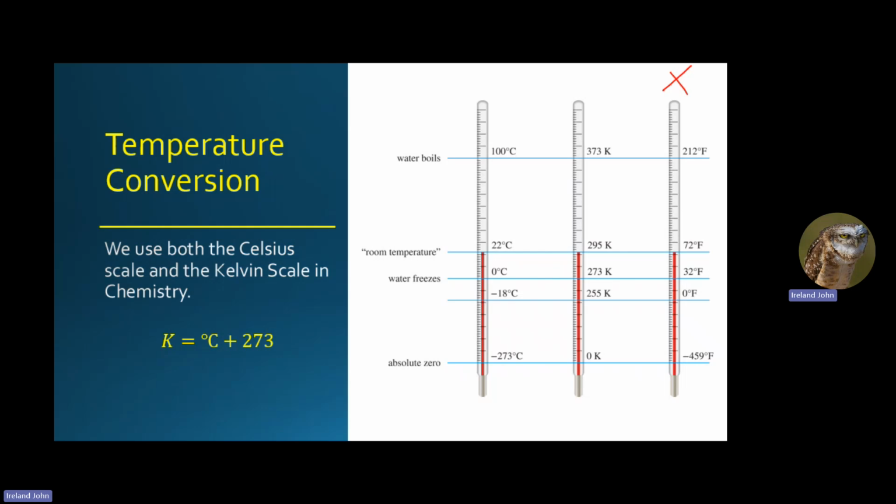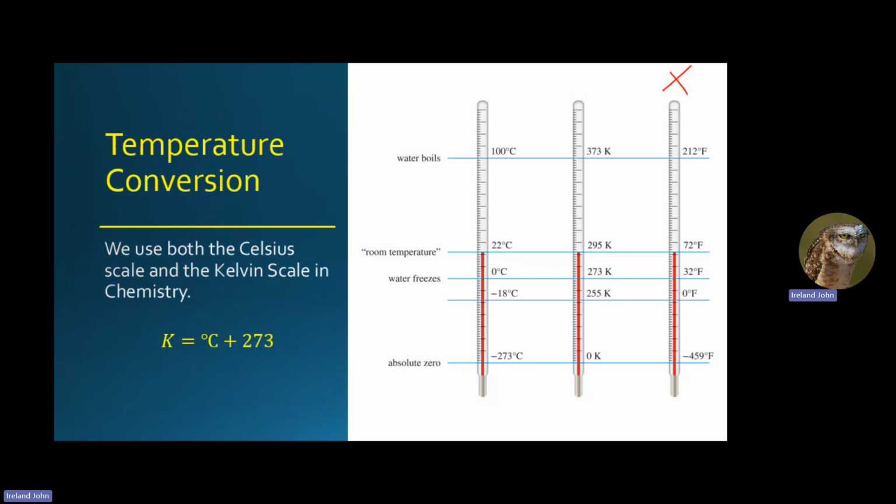But then the rungs stay the same, which means the conversion between Celsius and Kelvin is very straightforward. You just need to know the difference in rungs between 0 degrees Celsius and 0 Kelvin. And that difference is 273, right? Technically, it's 273.15, but we're not going to get that specific most of the time, right?